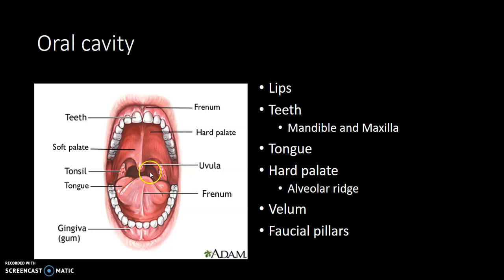This area in the very back is actually the pharynx, what's known as the oropharynx, or the area of the pharynx that corresponds with the area of the oral cavity. Hence the term oral, and pharynx or throat. So when we're looking in the mouth, we just see the pharynx. We'll talk about that in just a minute, so I don't want you to get too caught up on that. Now we're going to move to the tongue.